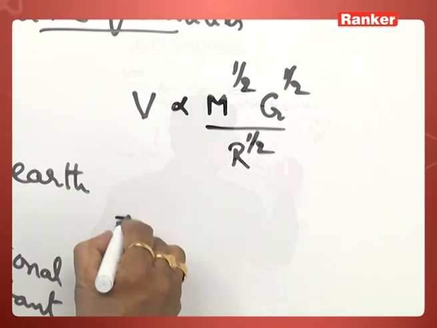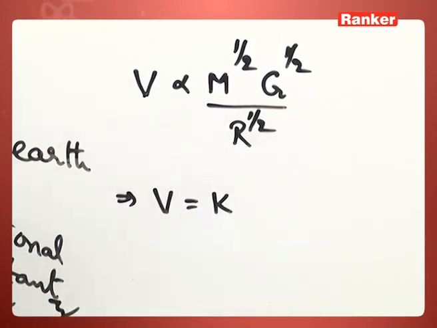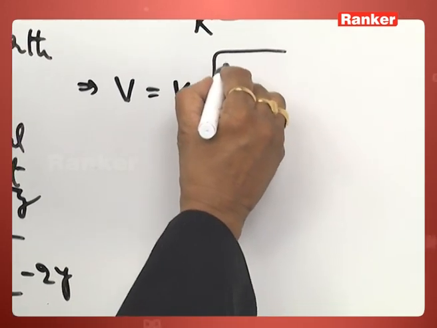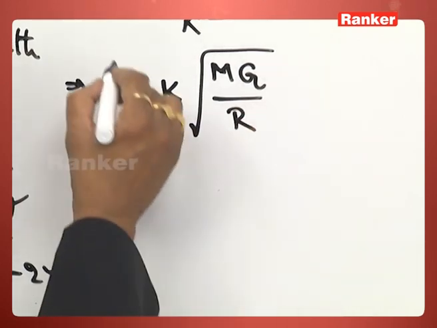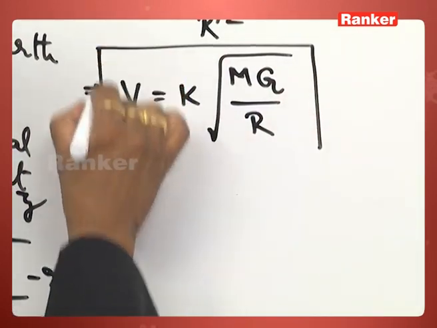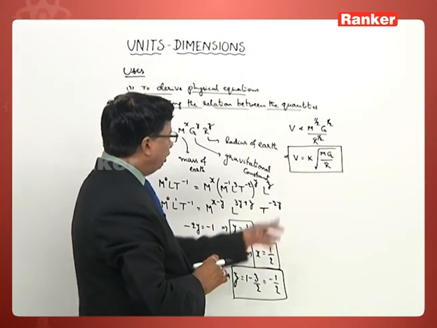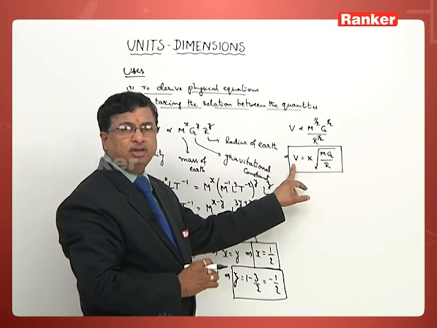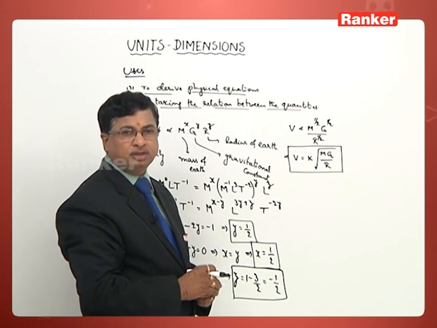In other words, I can say V is equal to a constant of proportionality k under root MG by R. This is the actual relation between all the four quantities mentioned over there, or you can otherwise call this the equation giving us the escape velocity from the surface of the earth.